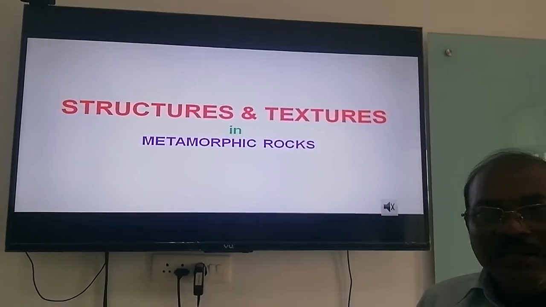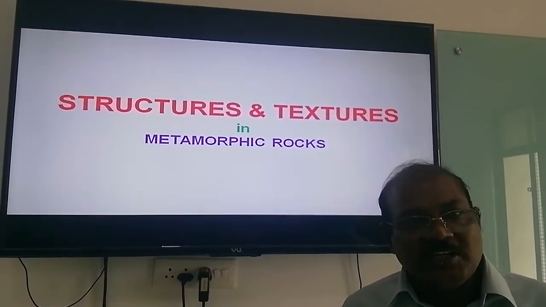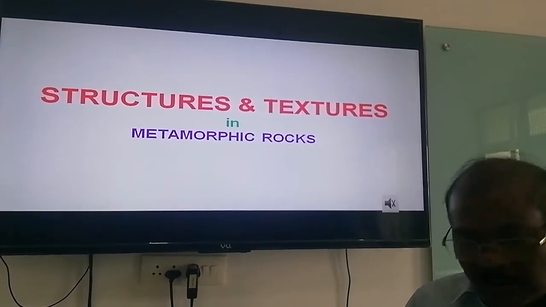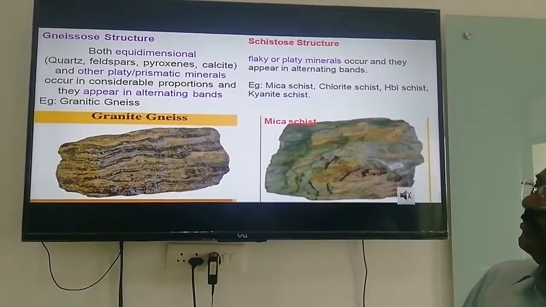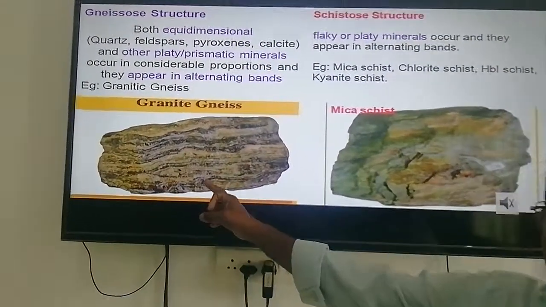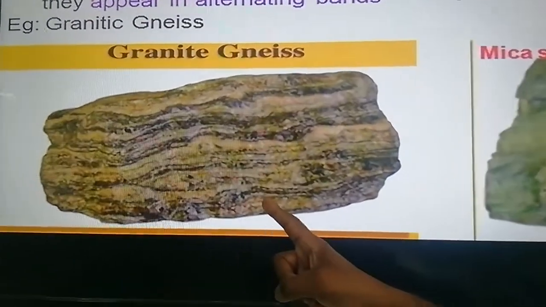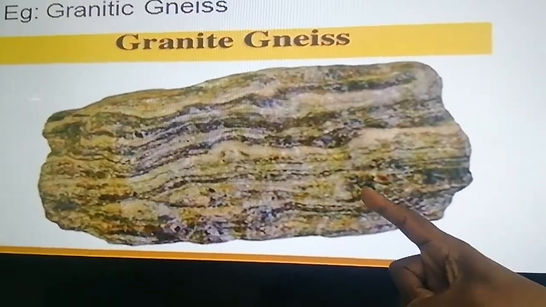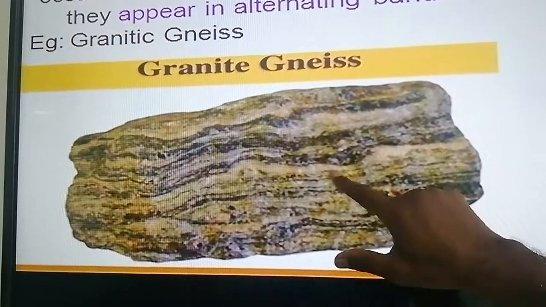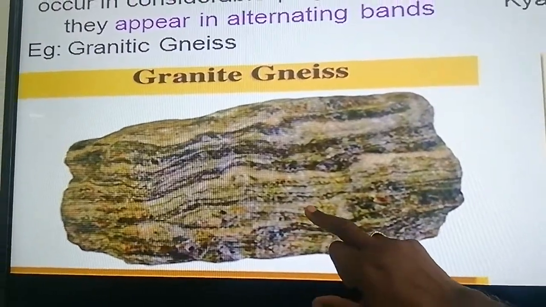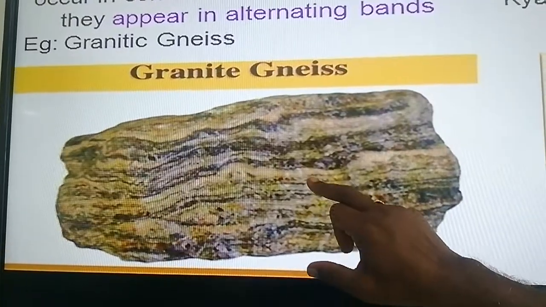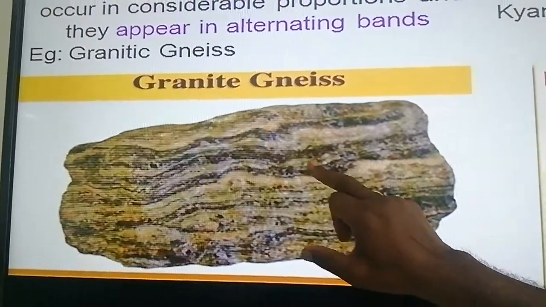Coming to structures and textures which can be seen in metamorphic rocks. Gneiss structure, this is granitic gneiss. Granitic gneiss is always characterized by gneiss structure. That means we can find alternate bands: grey band, white band, grey band, white band, grey band, white band.